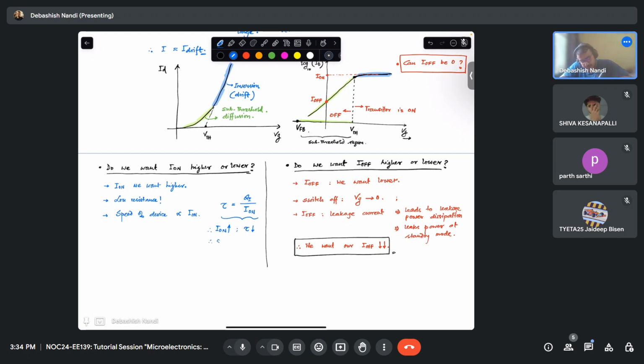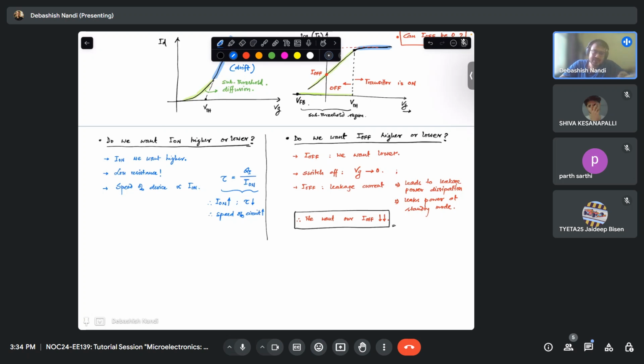So the speed of the circuit will increase. As Parthasarathi has rightly pointed out, it is indirectly or directly dependent on your Ron. When we discuss the inverter and the switch model today, we will come back to this point and explain, numerically, how higher Ion helps you achieve lower delay.